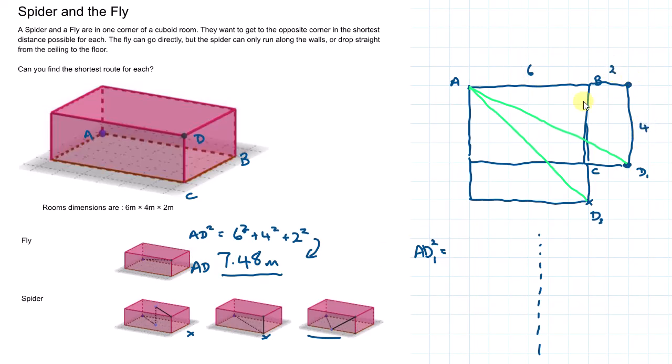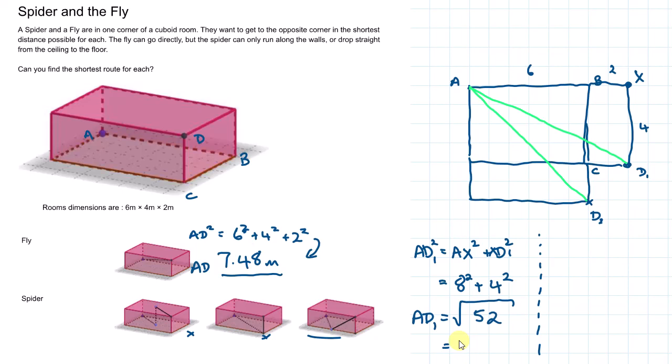So my side now, A to this position X. So AX squared plus X D1 squared. Put the numbers in. AX is 8. It's the sum of the 2 sides. And XD is 4. Go through normal Pythagoras.